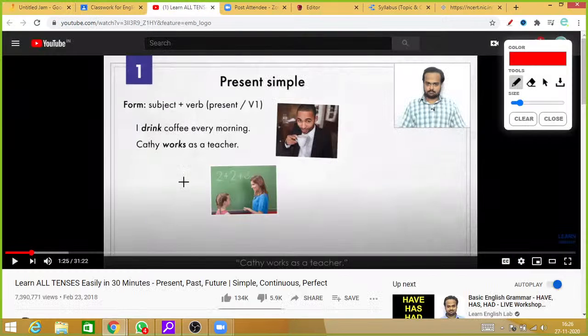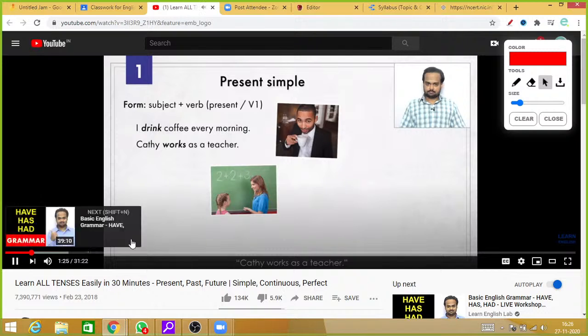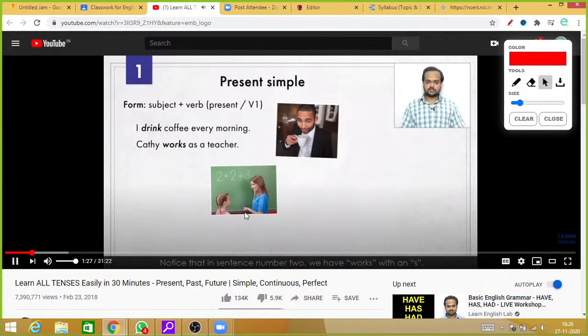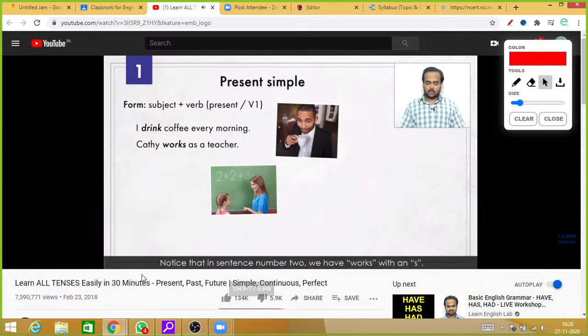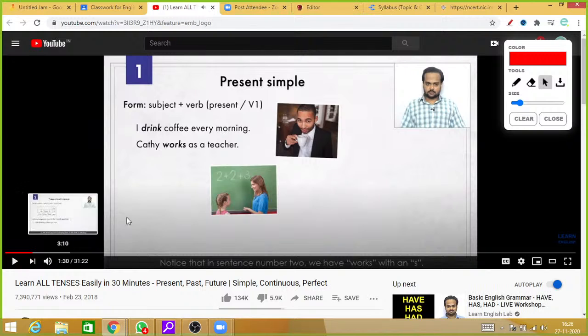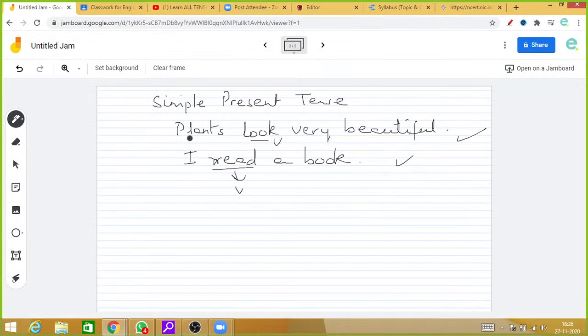Now let's go through the video again. Notice that in sentence number 2, we have works. So this is another example. Like the sentence which you gave, Ganesh, plants look very beautiful.